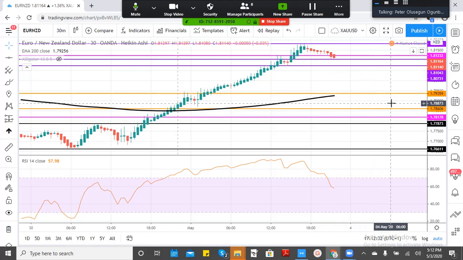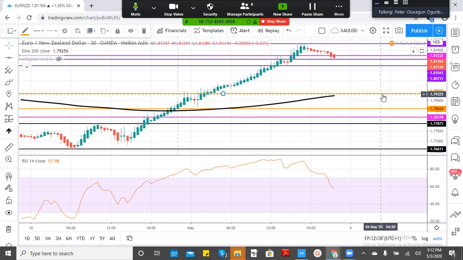So the exit here will be 1.79359. 1.79359 on your sell limit. The sell limit point is this, which is 1.81043, and your exit will be 1.79359.